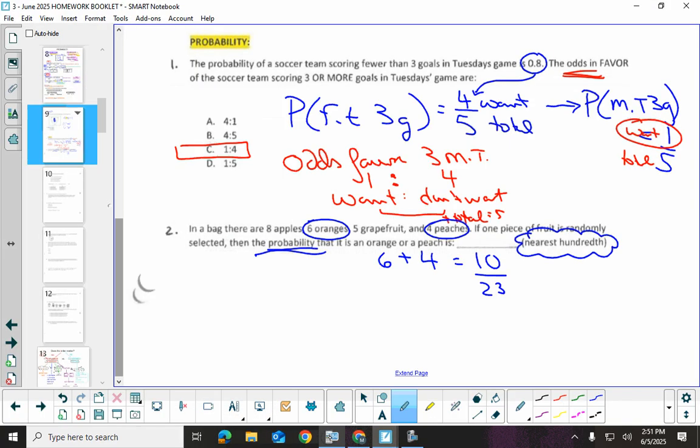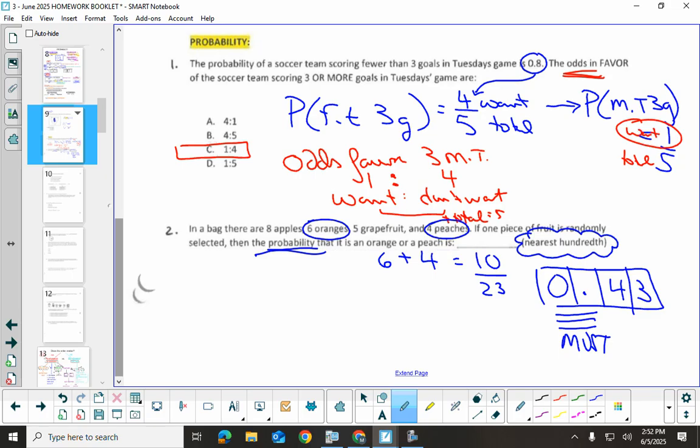When it says hundredth, you should have 2 numbers after the decimal. When it's a 0 point, the first box has to be 0. The second box has to be the point. Now, that is an easy question compared to that. That's what I'm saying. They're not in order of difficulty. They're just in order of unit.